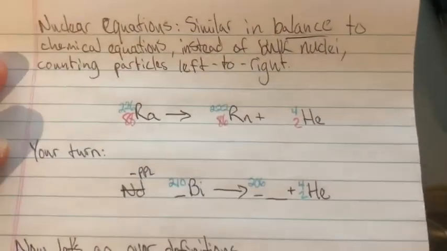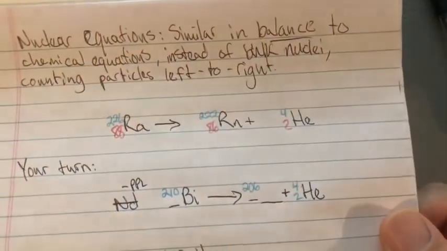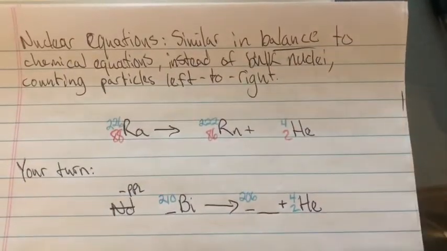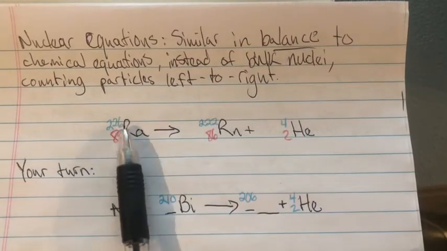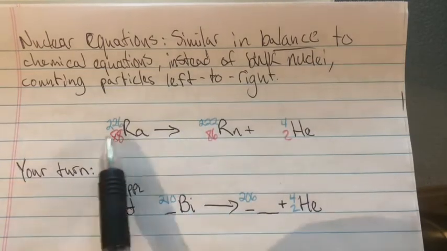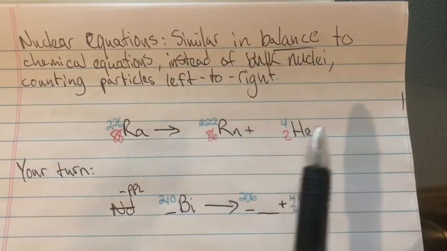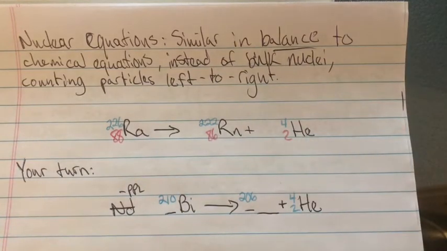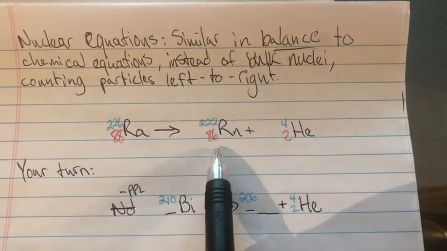Okay, so let's get into the nuts and bolts of nuclear equations here. Similar in balance to chemical equations, instead of bulk nuclei, you're really looking at one nuclide breaking down to form another. So for this particular example here, we have 226 over 88. When that breaks off and alpha decay or alpha particle emission ensues, you're missing 2 protons from 88 to get to 86.